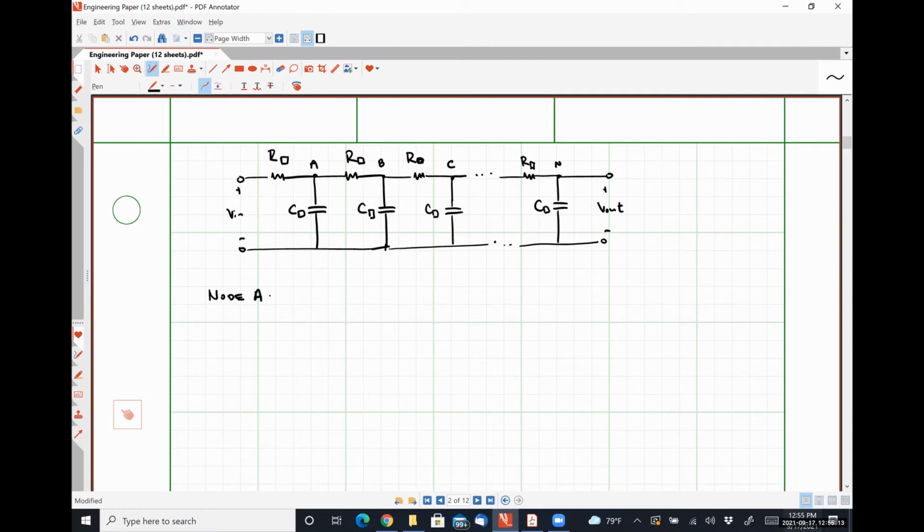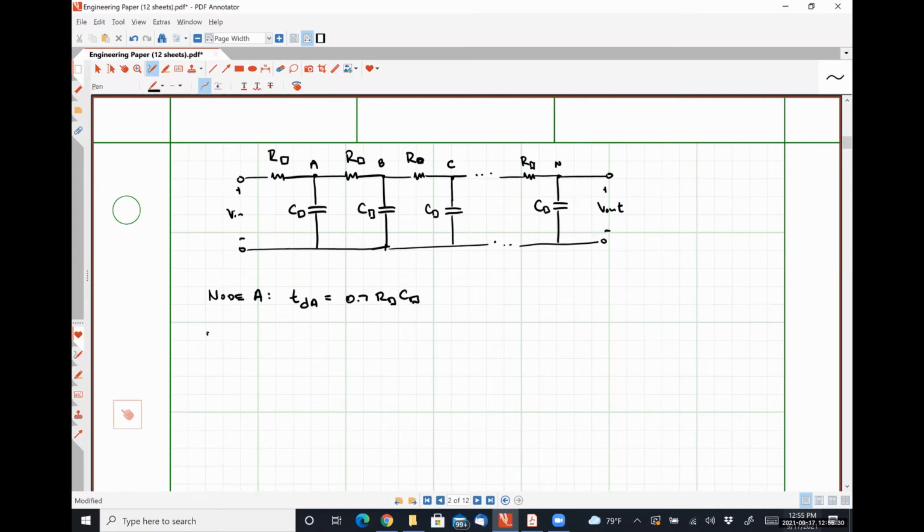So at node A, the delay time is simply 0.7 r squared c squared, right? Because we just have one section of the ladder network that we're worried about.